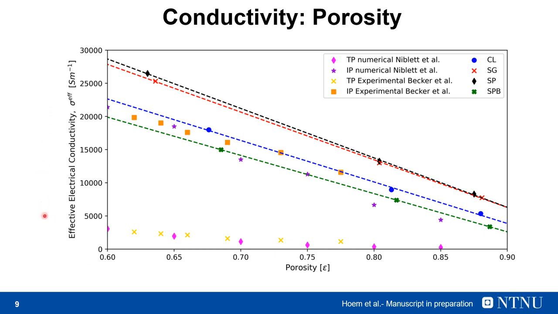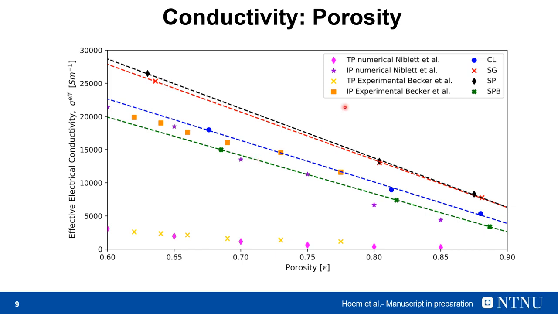Here we can see the effective electrical conductivity, and here is the porosity. We can see that Schwarzschild and Schwinn-Gyrrid have the highest effective electrical conductivity, followed by cubic lattice and Schwarzschild beam.